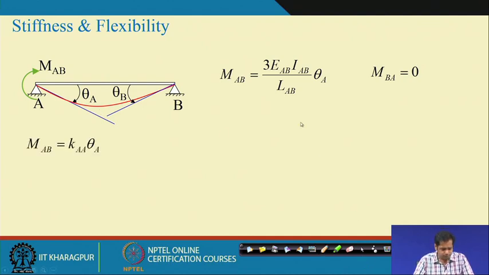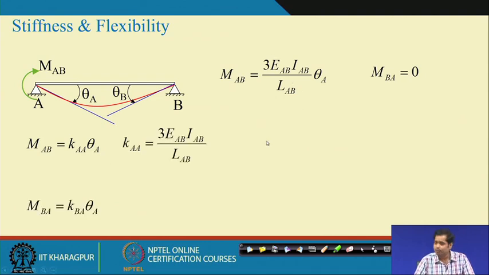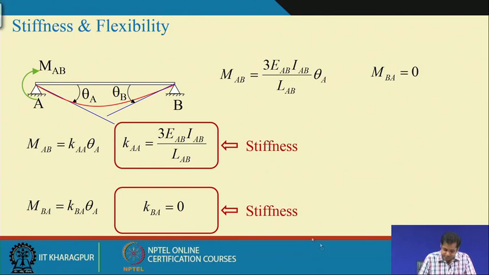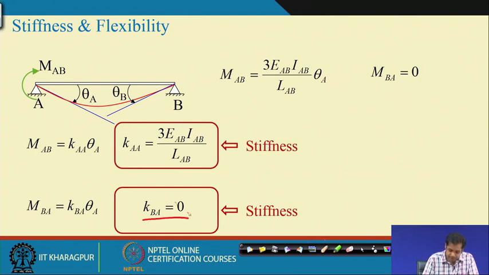Now, we write MAB is equal to Ka into theta A, where Ka is equal to this, and similarly MBA is equal to KBA into theta A, where KBA is equal to 0. So, these are stiffnesses.